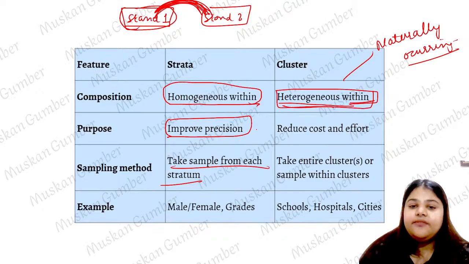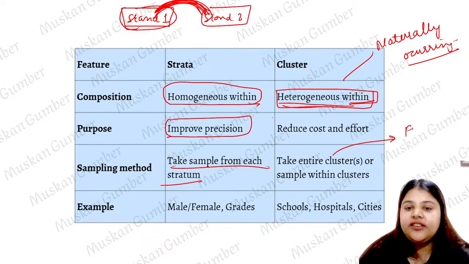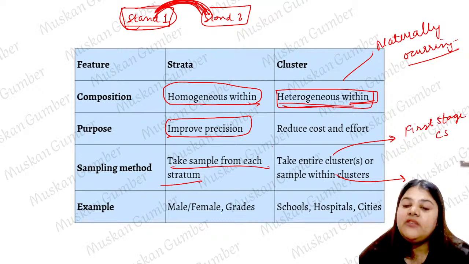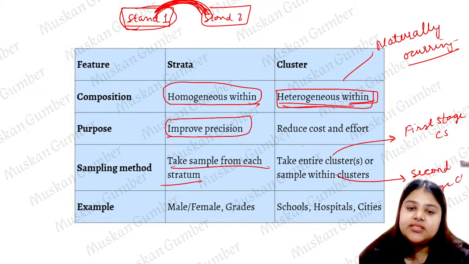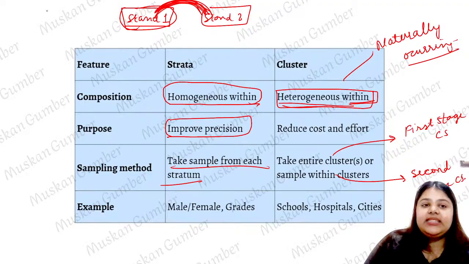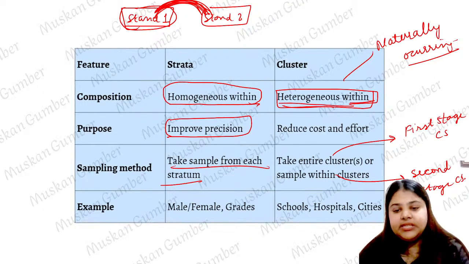We can take either the full cluster, which is first stage cluster sampling, or we can sample within the cluster, which is second stage cluster sampling. That's about probability sampling.